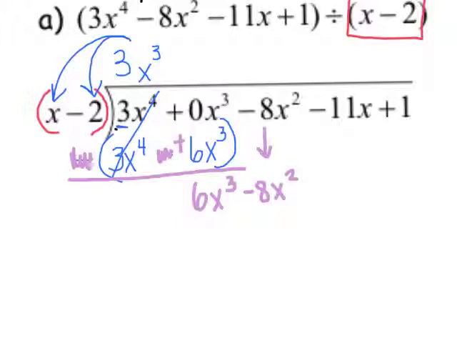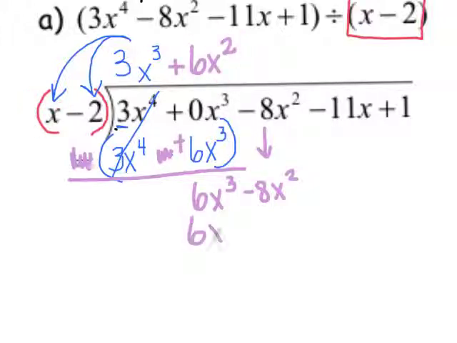Repeat. So now I say, what times x is 6x cubed? I have a positive 6, so plus 6x squared. So 6x squared times x is 6x cubed.